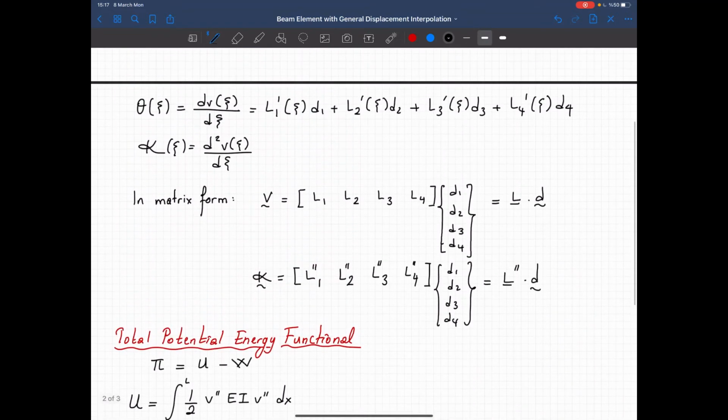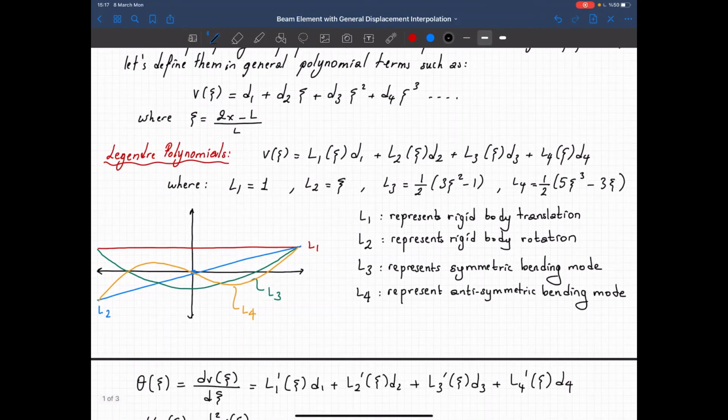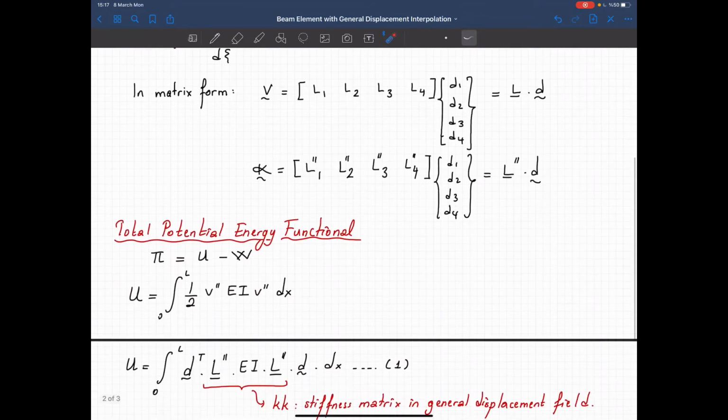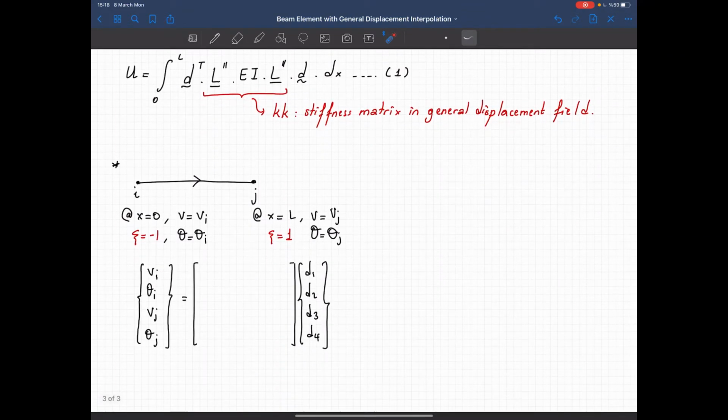So I have the displacement interpolation here. That's my displacement interpolation. So instead of psi, I will put -1 into it. So V(-1) will be equal to L1(-1) D1 plus L2(-1) D2, L3(-1) D3 plus L4(-1) D4, right?